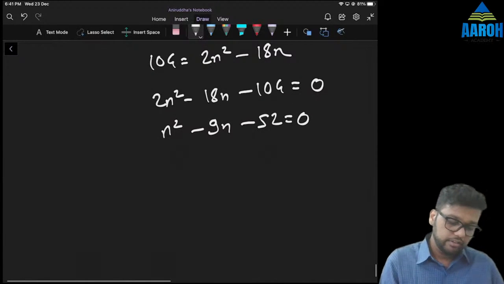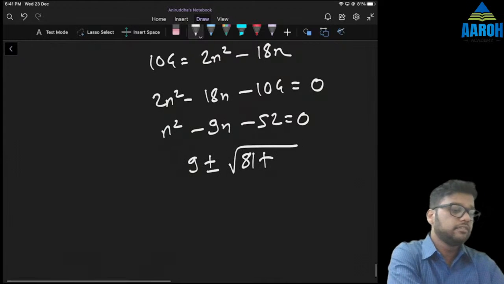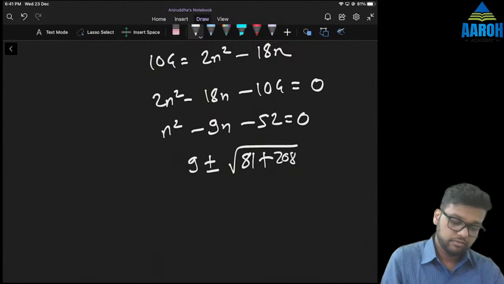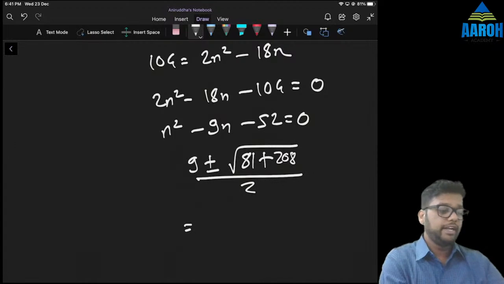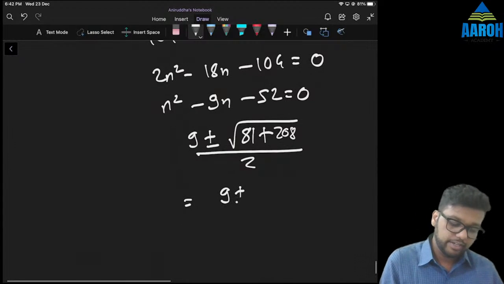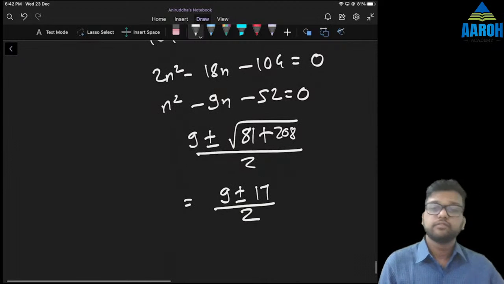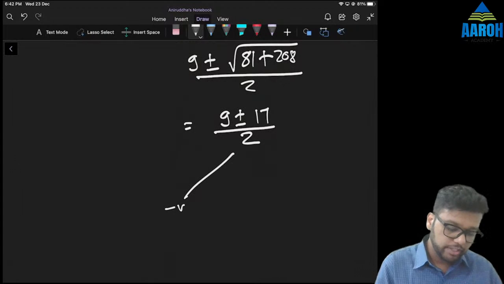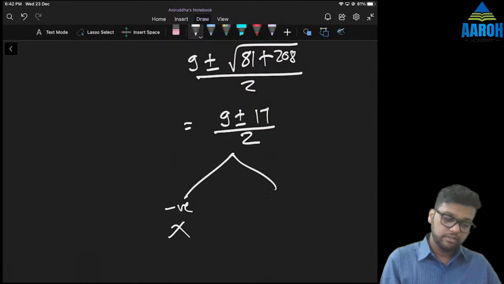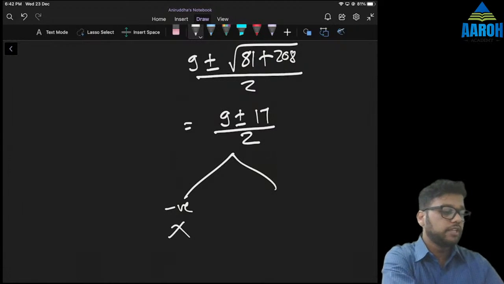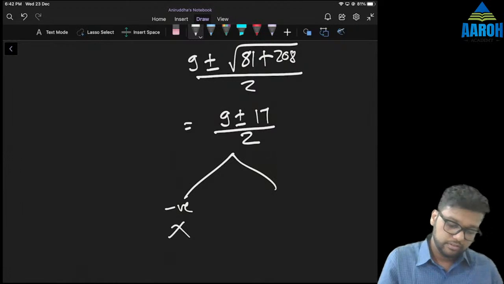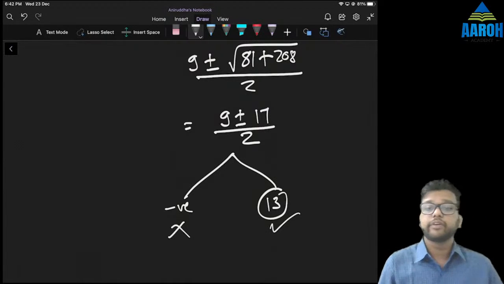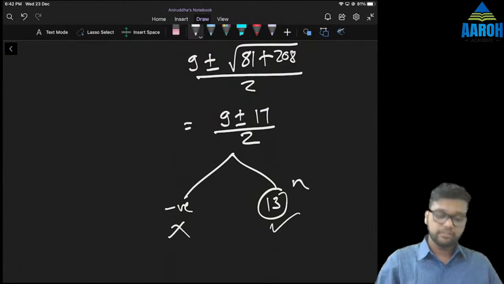Now let's solve it. Minus b plus minus square root of b square minus 4ac upon 2a. 81 plus 208 is 289. Square root of that is 17. Obviously 9 minus 17 is going to be negative, so we'll ignore it. 9 plus 17 by 2, that is positive, so that is our answer, which is 13.